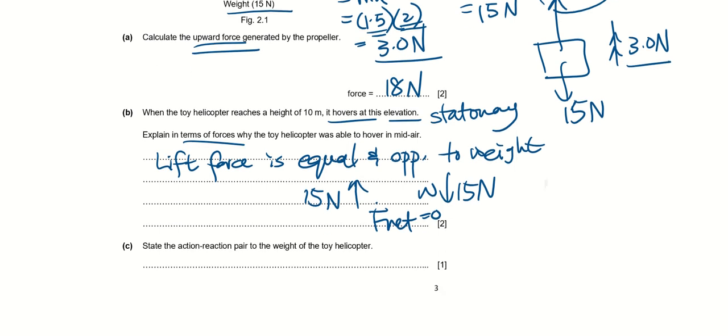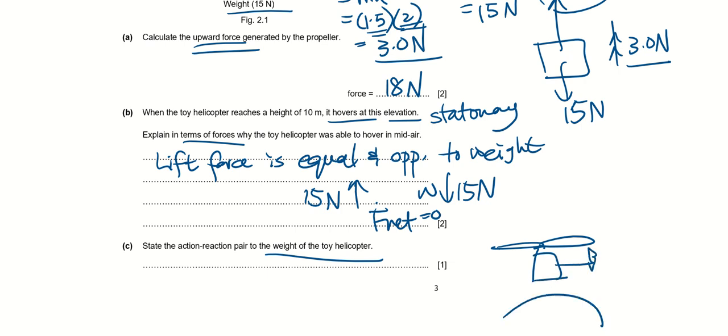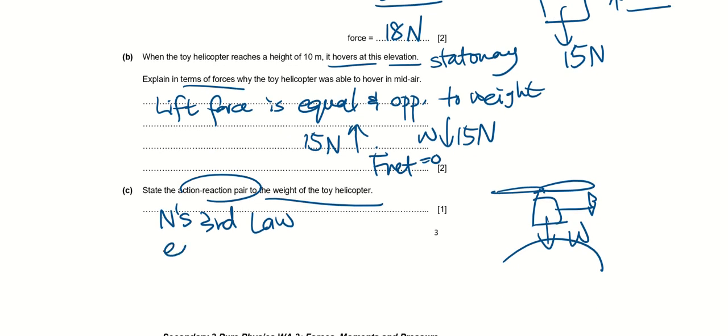Now state the action paired to the weight of the toy helicopter. So this helicopter has weight due to attraction of Earth, right? So for the action-reaction pair, this is actually Newton's third law, so it must be equal and opposite forces.